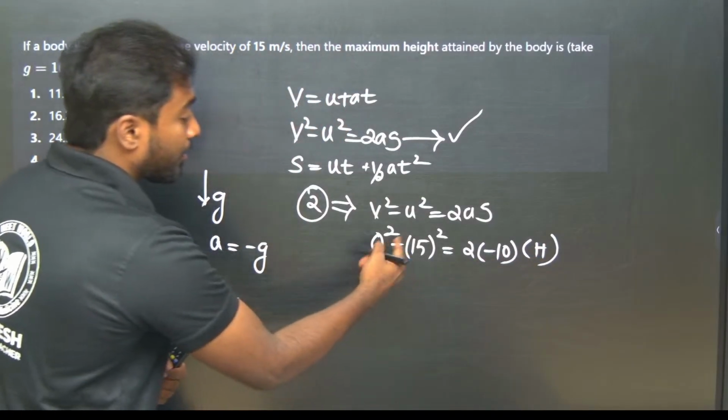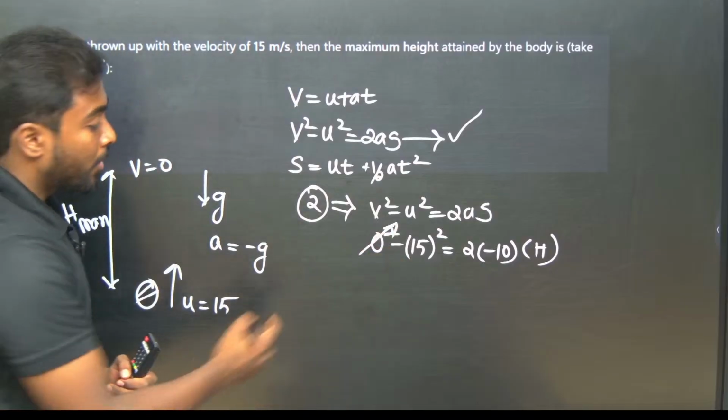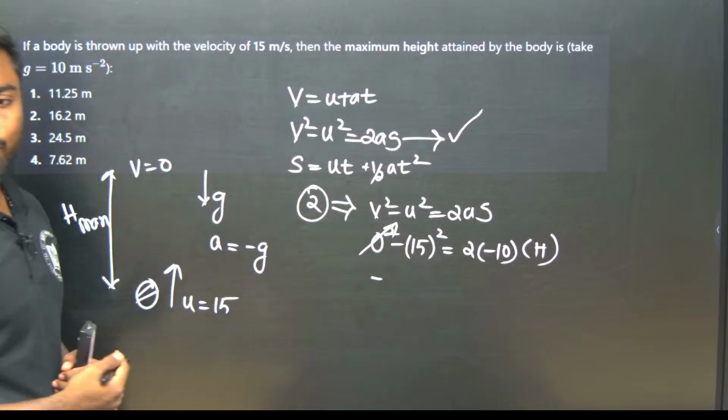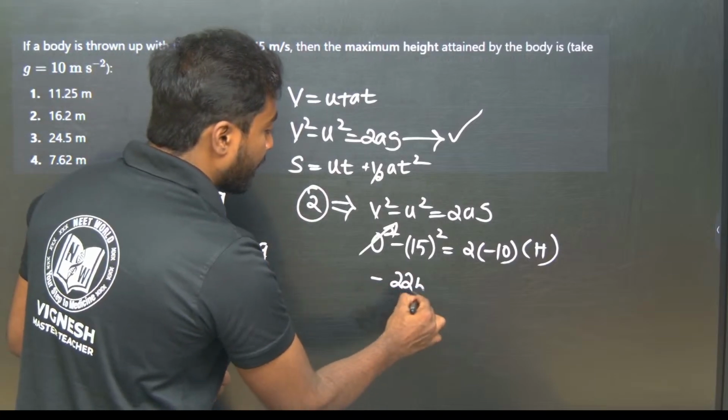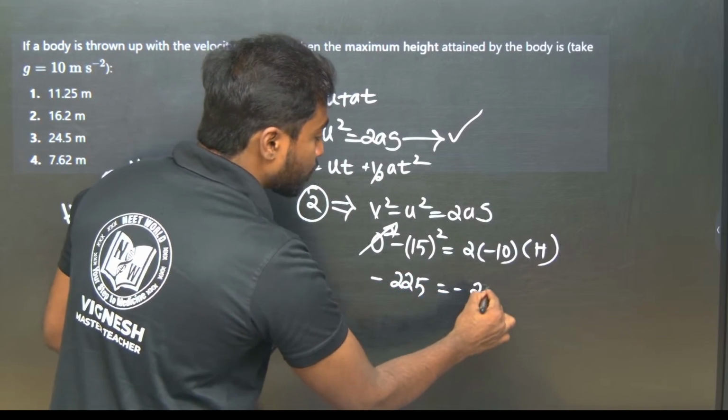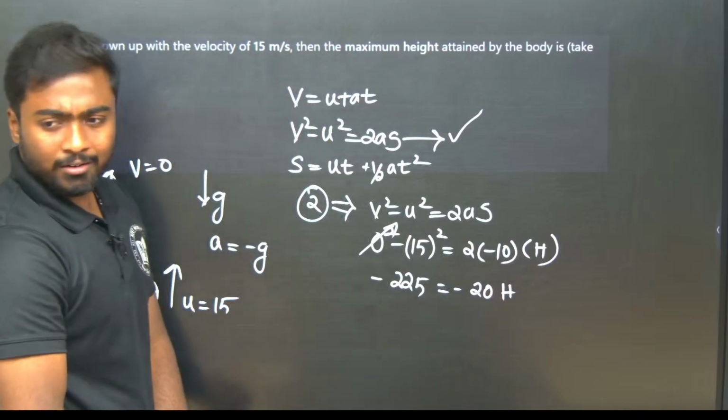So I can neglect this. So minus how much? 15 square, 225, right now. 225 is equals to minus 20H. Done.